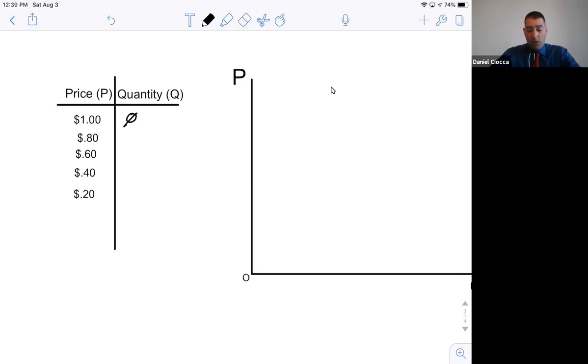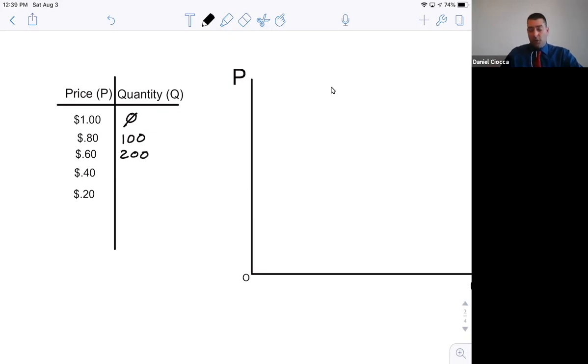But let's say I lower the price to 80 cents and all of a sudden, students start raising their hands and they're willing and able to buy 100 chocolate bars. I lower the price again. And not only do the students who would have paid 80 cents, but when I lower the price to 60 cents, those 100 students plus 100 more want to buy chocolate bars.